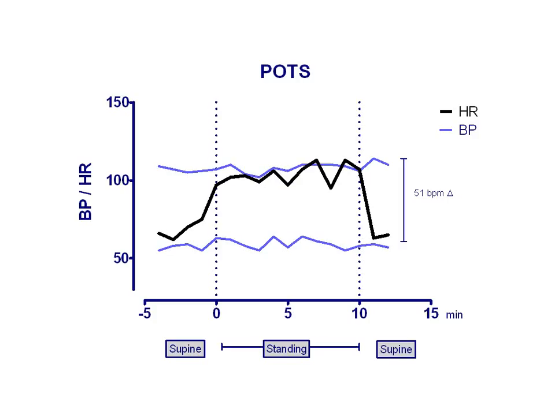So he had a 51 beat per minute increase in his heart rate. During this brief period of standing that should be tolerated by healthy people, and healthy people would typically report simply being bored, this boy had lightheadedness, worse tiredness, and trouble concentrating during that time. So it reproduced his typical symptoms.